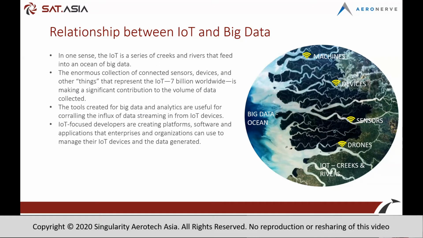The tools that we created for big data and analytics are useful for correlating the data streaming in from the IoT devices. IoT is more focused on having an ecosystem, or rather a platform, software, and applications that enterprises and organizations can use to manage their devices and also manage the data that they generate.